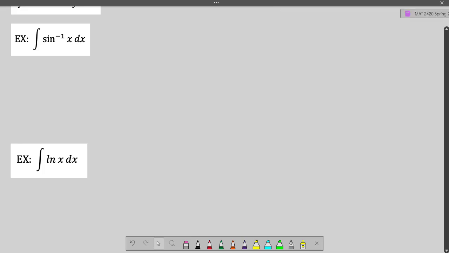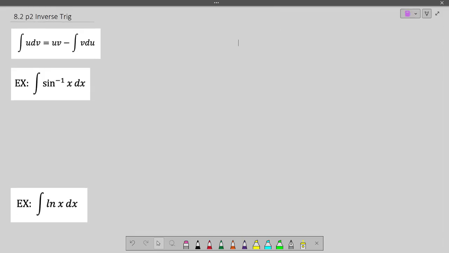All right, let's go to this page. I mentioned that the integration by parts process is usually thought of as a reverse product rule. It's usually thought of as a great technique to integrate products. But when we look at these two examples, there's no products there. These are two common functions that we don't know how to find an antiderivative for, though.